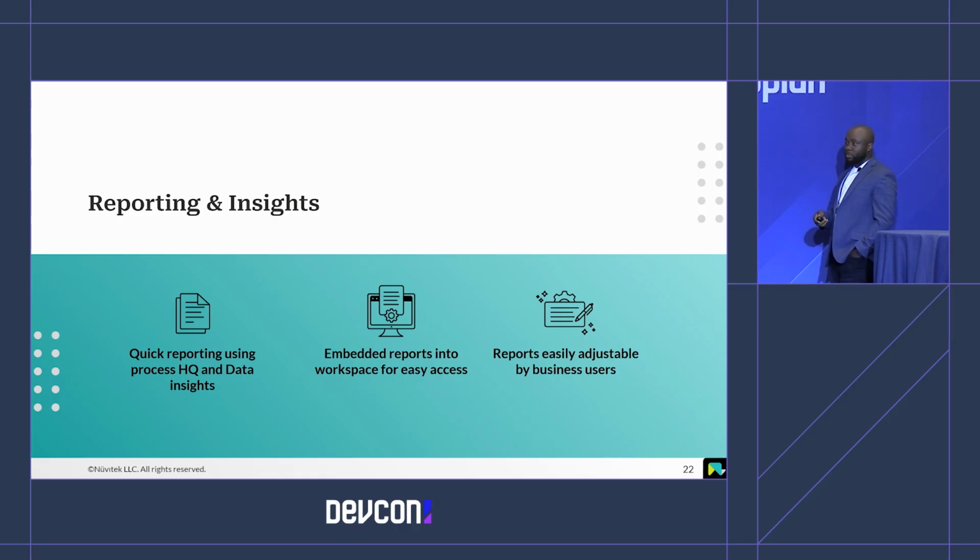And because we have the records in Process HQ, it's easy to build the reports off of the records. We also added that reports tab to Workspace. So the out-of-the-box solution doesn't have the reports tab in Workspace. So we added that to centralize some of the key metrics for case workers and case managers.